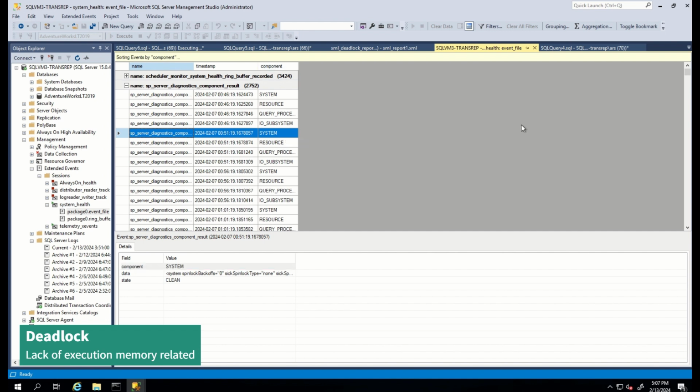To double confirm any memory contention issue, I usually also check memory consumption in health check logs. Let me show you. I go back to health check logs, open diagnostic logs and sort by state. Go to resource component.